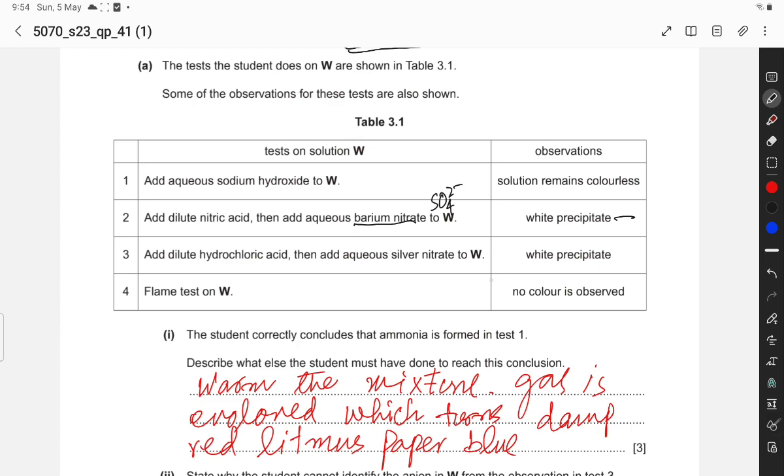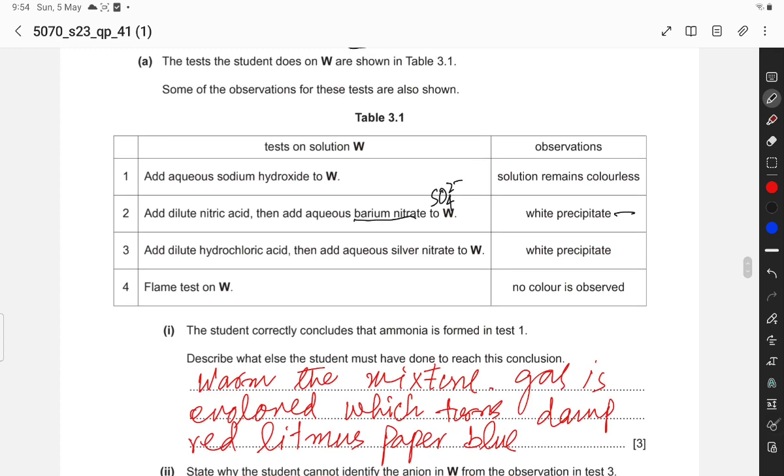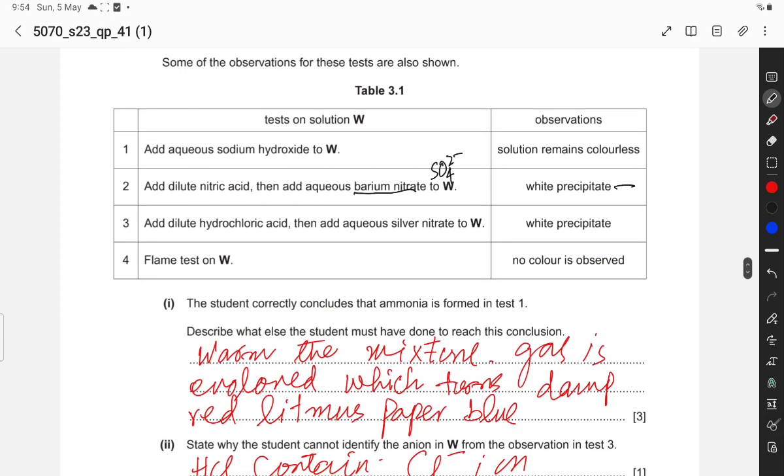Again a white precipitate with silver nitrate. Flame test on W, no color is observed. This is the test of chloride ion or any halide ion. A white precipitate is definitely for chloride ion, and this is the test for sulfate.